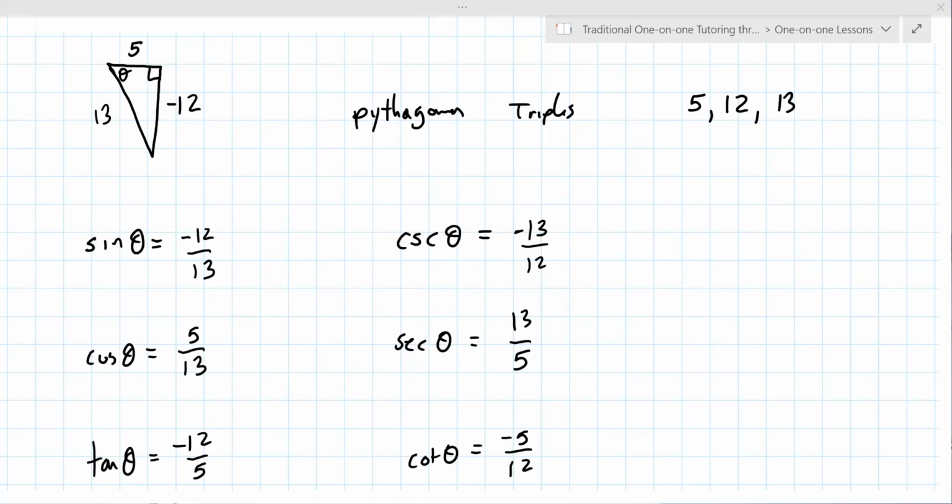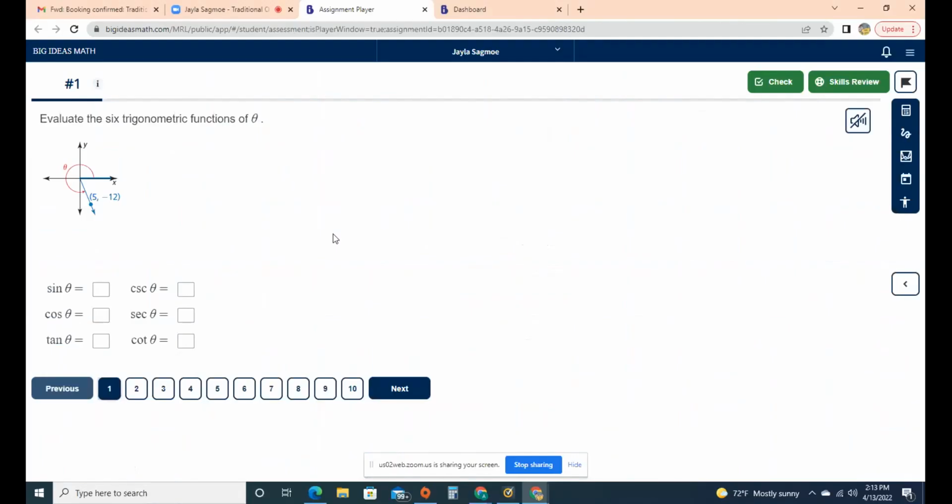Okay. And then also, I'm going to get my computer charger, so I will be right back.